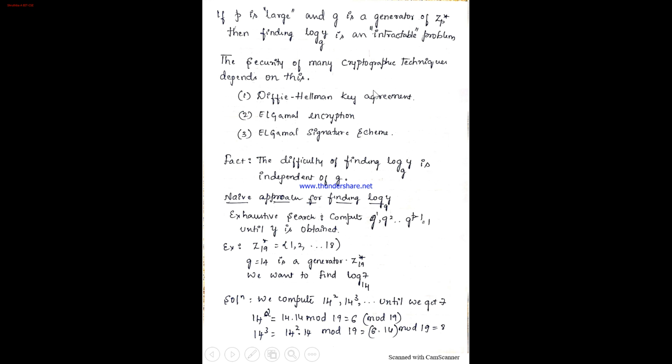Likewise, if I continue, I get the resultant value 7 on raising 14 to the power 6. So the answer is 6. You can see the complexity of computing this exponent, or logarithm. This is the discrete logarithm problem.